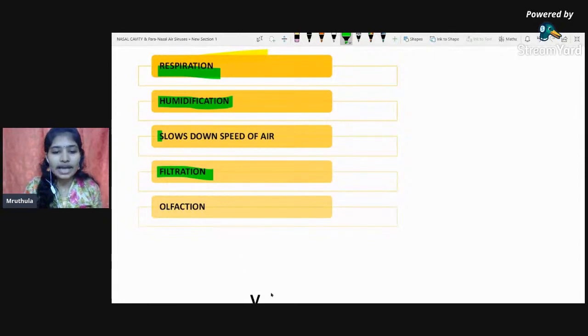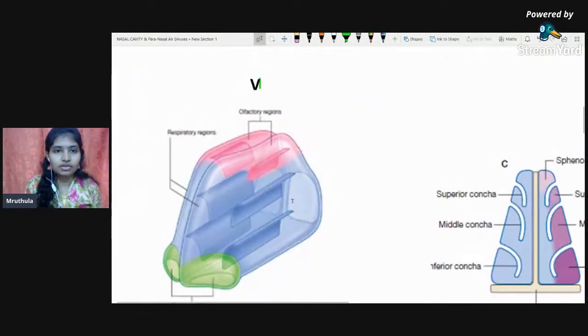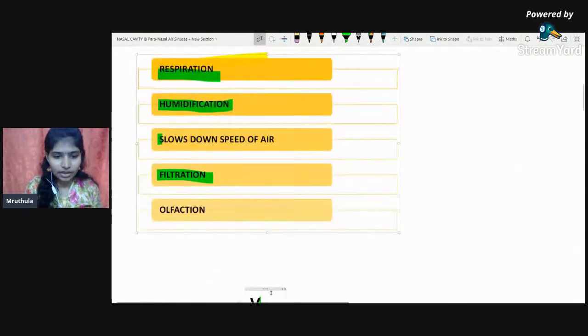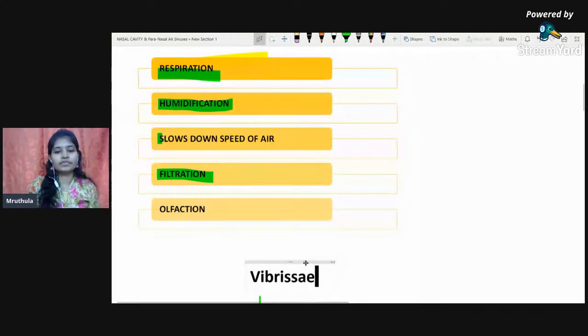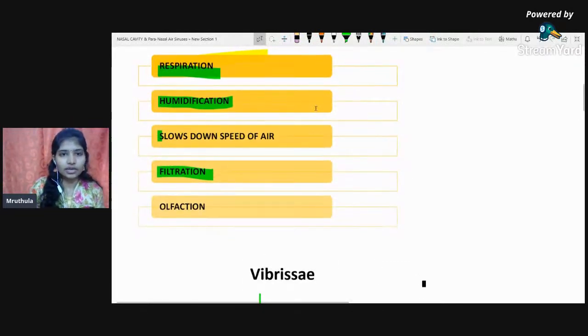What are those hairs called? We call those hairs vibrissae. The hair found on the interior aspect of the nasal vestibule of the external nose is called vibrissae, right? That is one structure which helps in filtration.